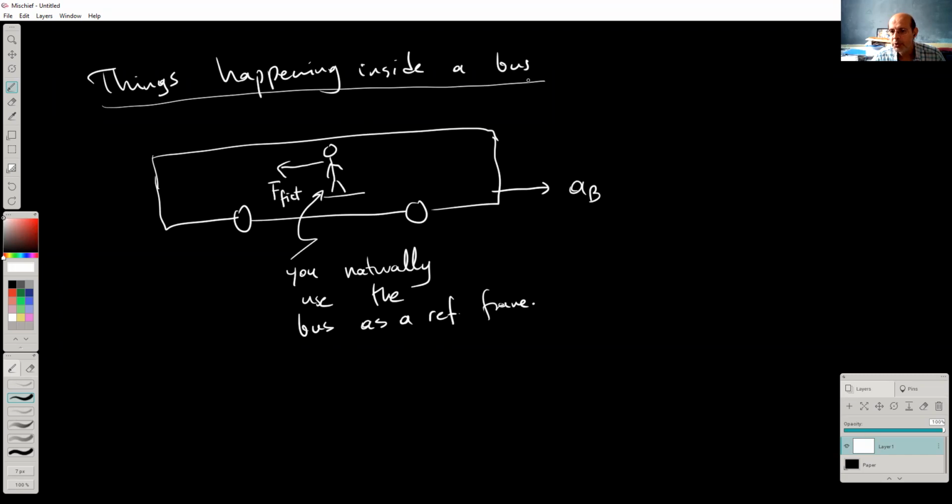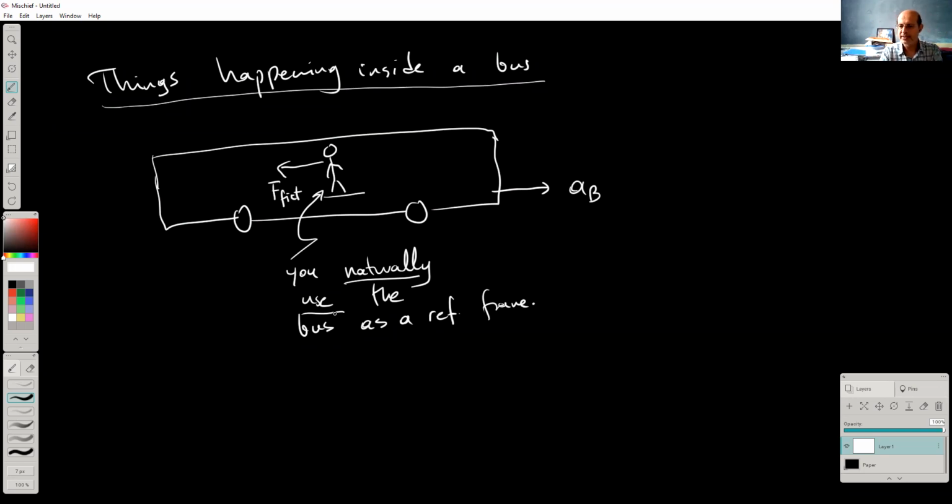How is this problem solved? Which problem is solved? So this is inertia, basically, right? From an inertial reference frame, that has a very simple explanation. It's just inertia. But again, the problem is that when you are inside the bus, your mind somehow takes the bus as the reference frame.